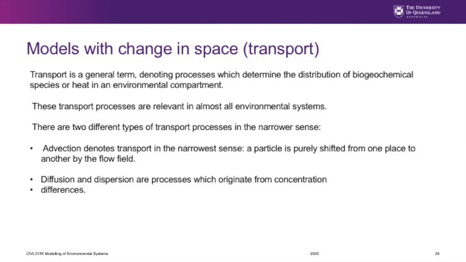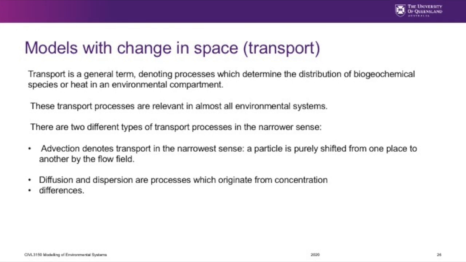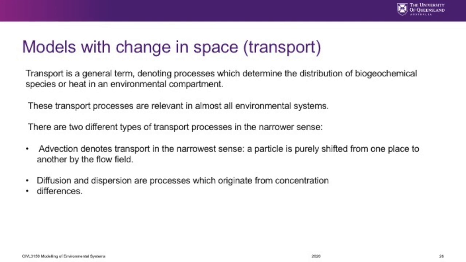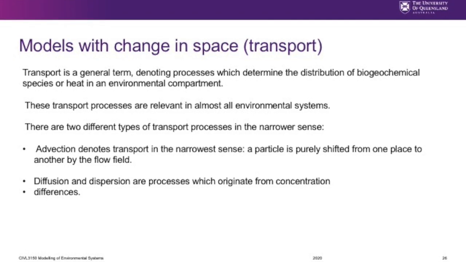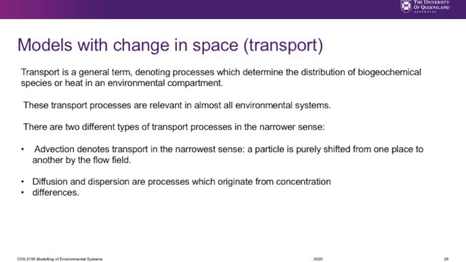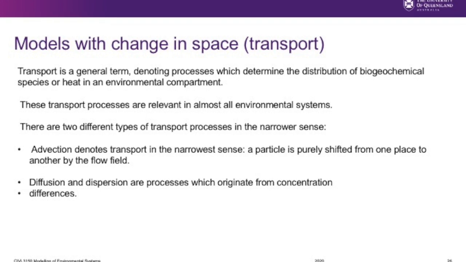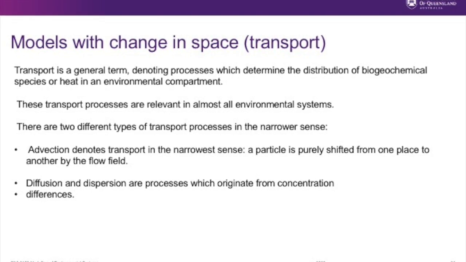So we're going to now discuss a little bit about transport. Models with change in space are also connected to the term transport. Transport is a general term denoting processes which determine the distribution of biogeochemical species or heat in an environmental compartment.